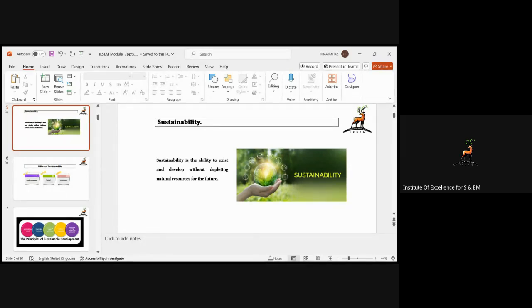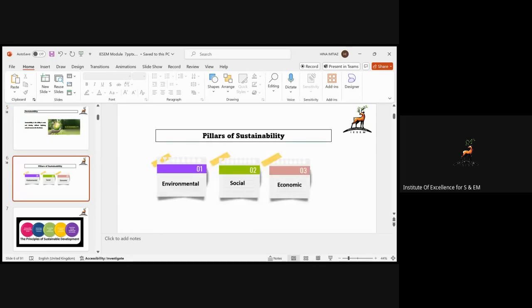Okay, so this is the concept of sustainability, and these are the three pillars of sustainability, in which we have to integrate the environmental, social, and economic perspectives.